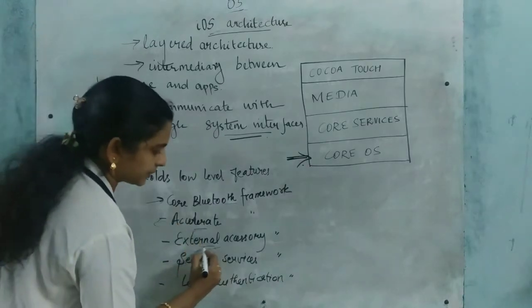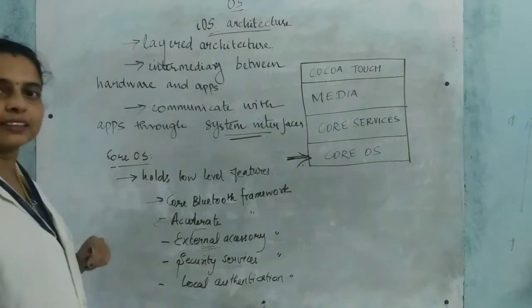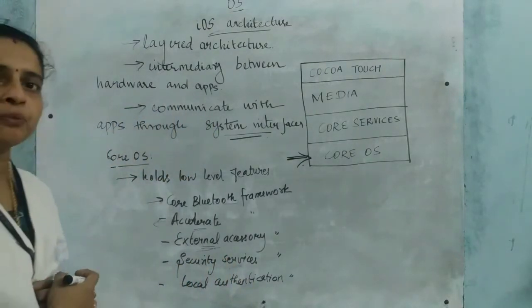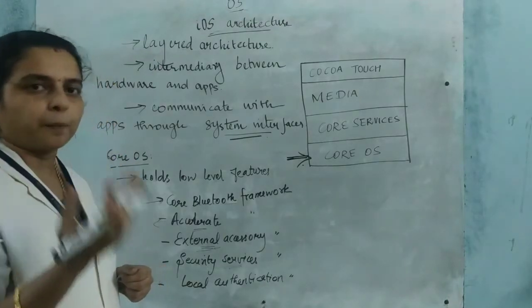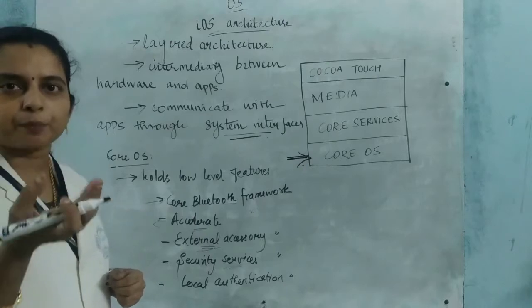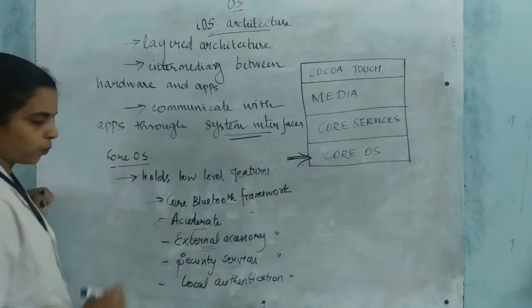Then security services. We are safeguarding our mobile phone, with things like copyright issues and some security we provide to the applications, right? That will be taken care of by this core operating system.